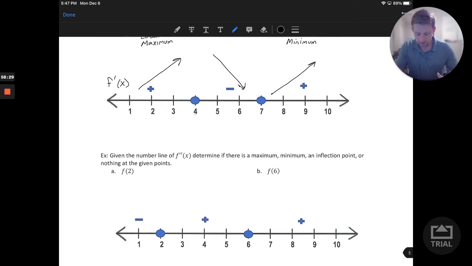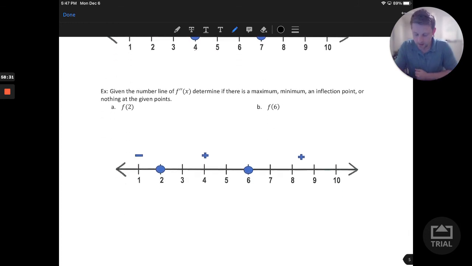The last graph that we'll take a look at is the second derivative graph. So these are second derivative values, f double prime. This tells us we go from negative to positive, and then back to positive in between the value 6. So let's take a look at f of 2. Notice that we are negative in our second derivative.